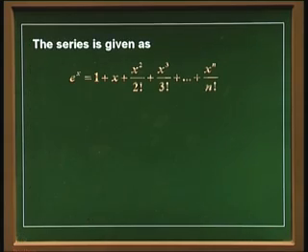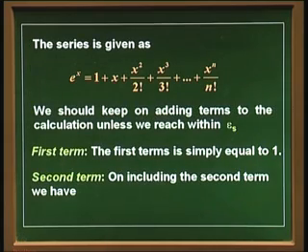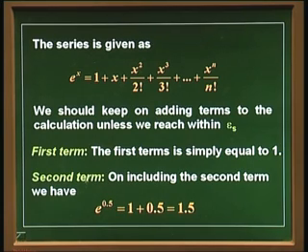If you do just the first term, we get 1, and if you keep the second term, we get 1.5. Then we take 1.648 minus 1.5 divided by 1.5.